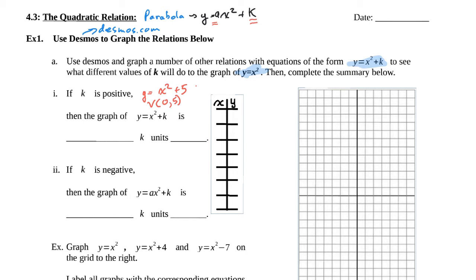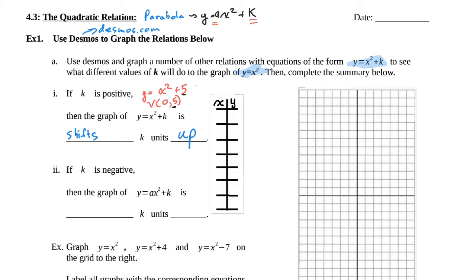And you'll notice if k is positive 5, then the vertex has a 5 in the y spot of the vertex. So that means our graph shifts k units up, right?